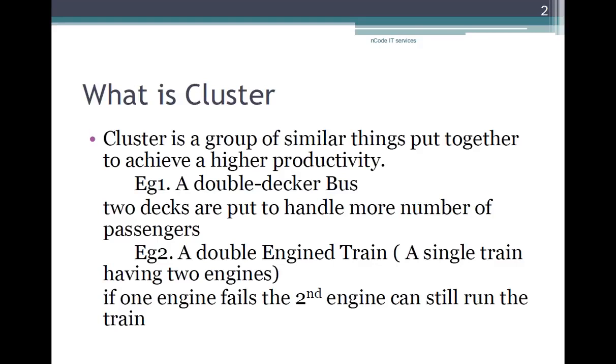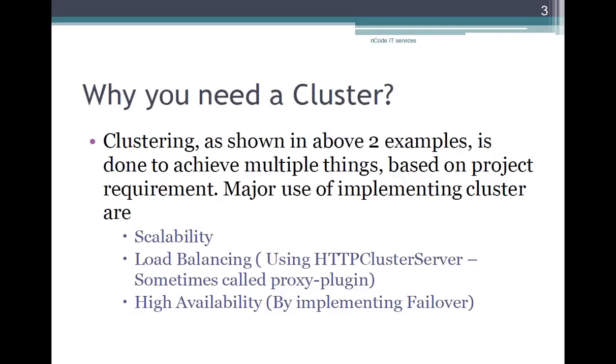Now in general, any clustering, if you take, tries to achieve some of these things, like scalability. You have the ability to scale up to a certain level by adding similar components more and more so that you can handle more load. That's one reason why we sometimes want to do clustering.